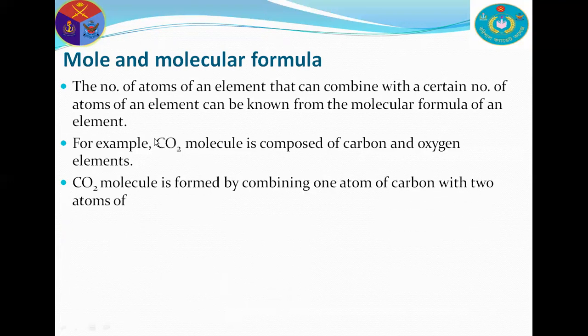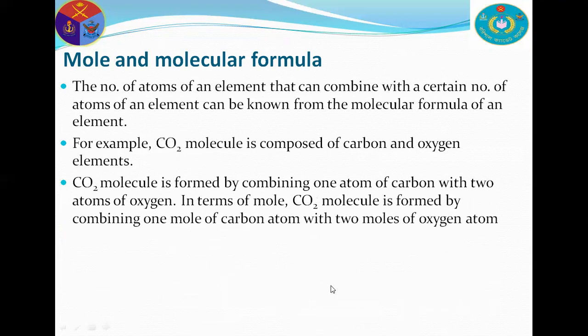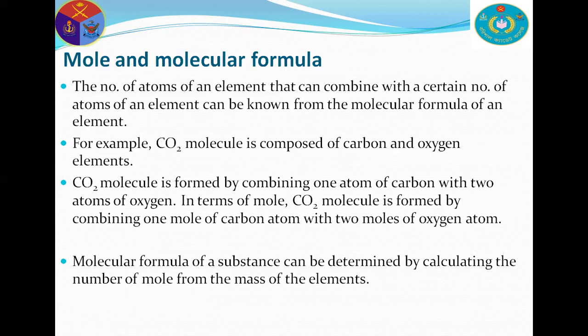So the formula of the compound is CO2. By exchanging their valency, we need two oxygen atoms to maintain the 4 valency of carbon. So the ratio is 1:2. This is the molecular formula of carbon dioxide, CO2.